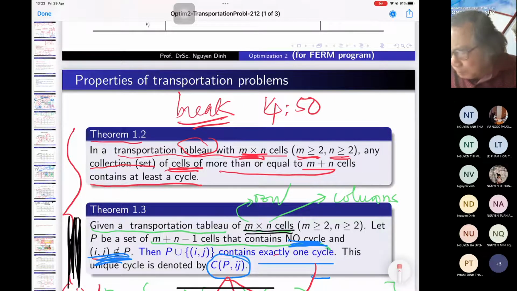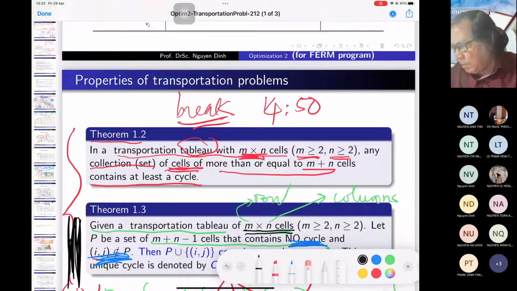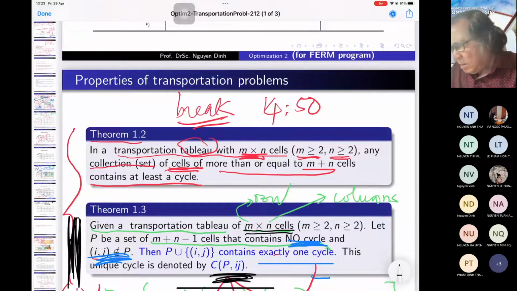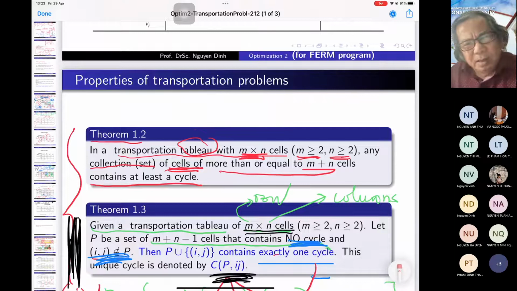Is that okay? And the cycle is denoted by C(P, I, J). You remember in the network flow problem you have a spanning tree. If you enter that tree, you put in that tree one more arc which is not in T, then it creates for you only one and only one cycle.